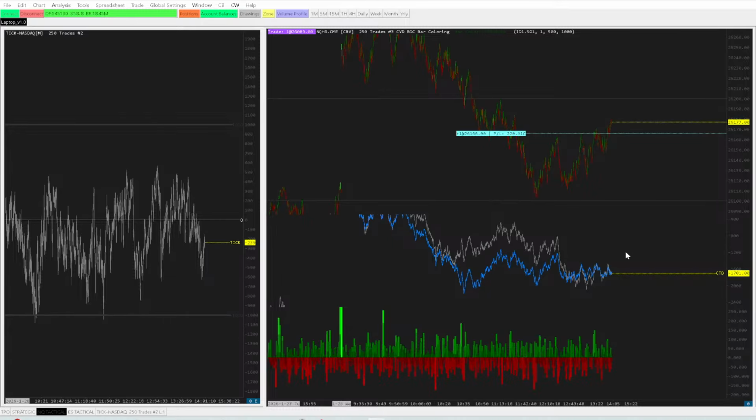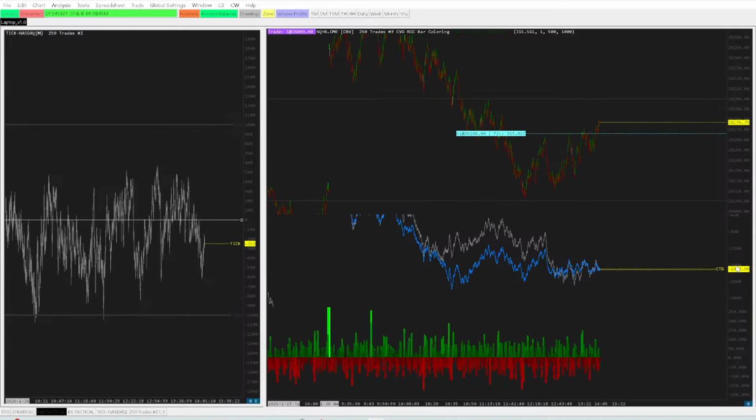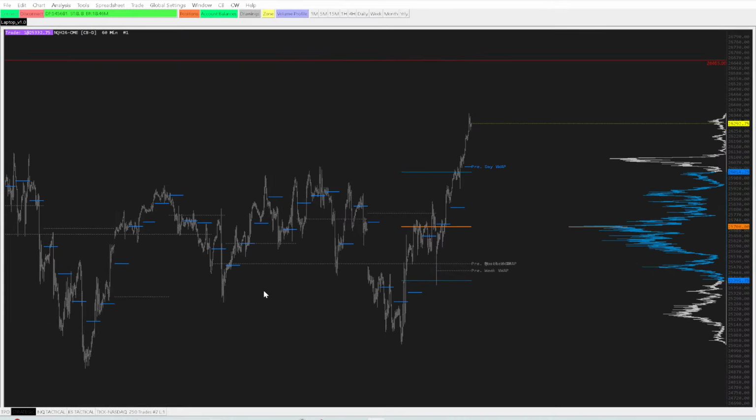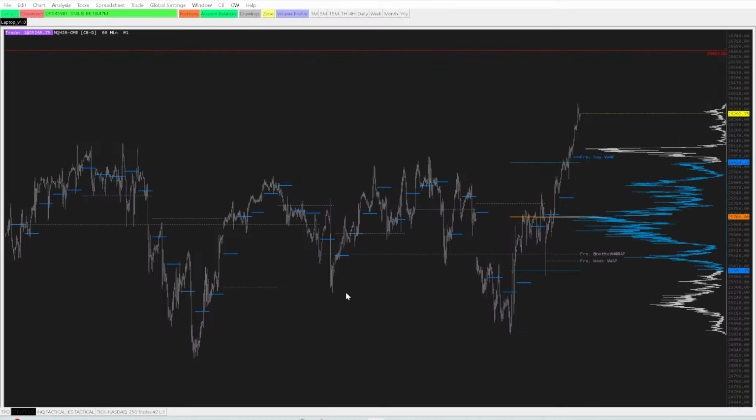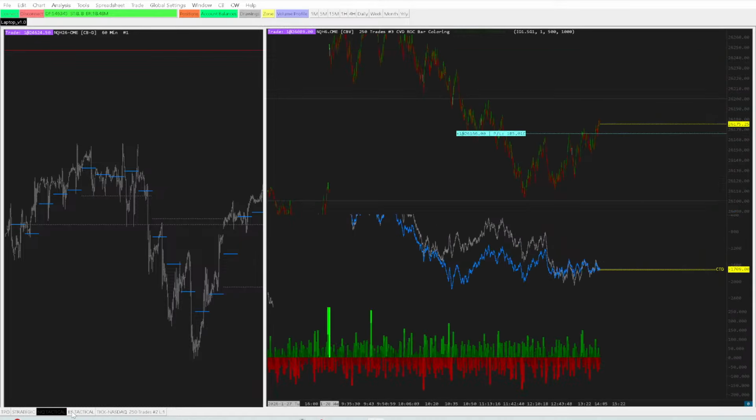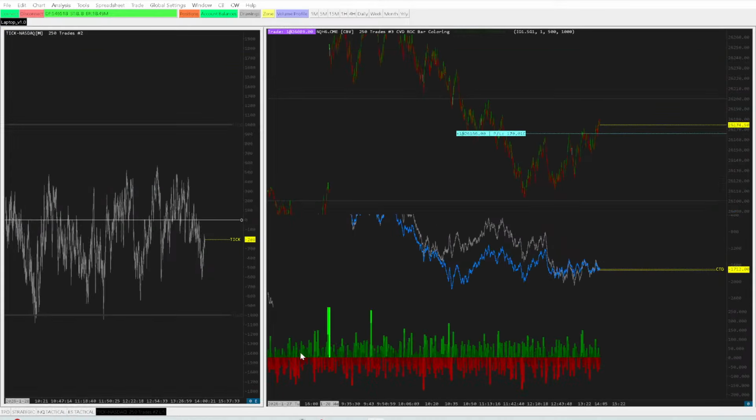It looks like we have a fair amount of absorption here, but we're also pretty high up. Why is this thing... Oh, it's only got the last 30 days. We're pretty high up on the food chain here. Could certainly keep going, but I feel like we're probably due for a pullback at some point.